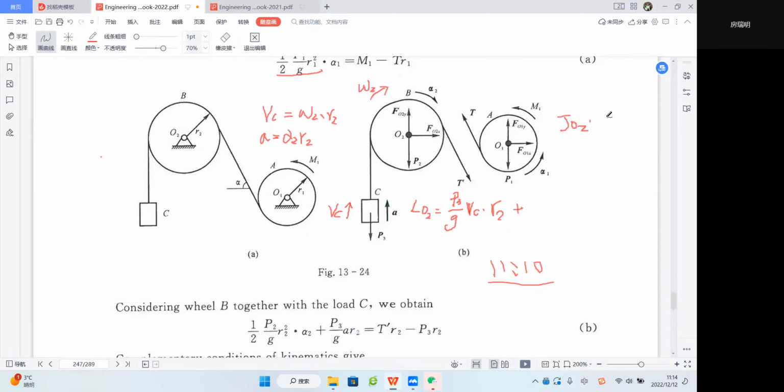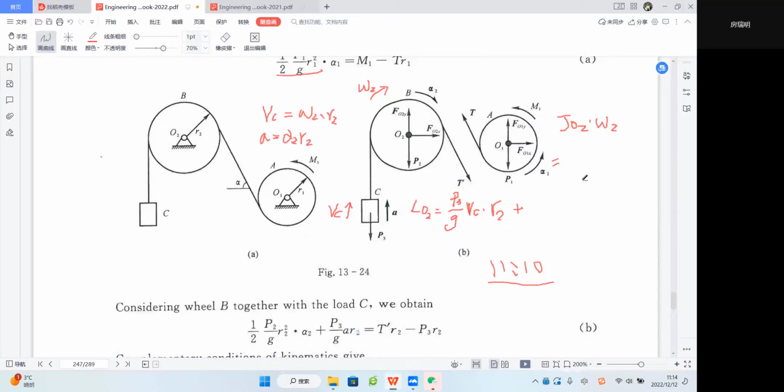And do you guys still remember the mass moment of inertia of some common bodies?